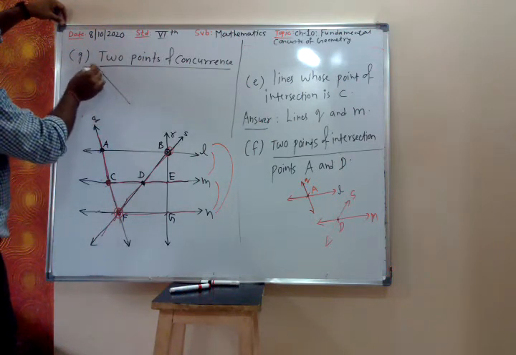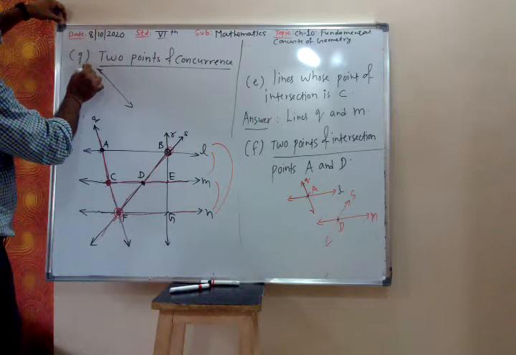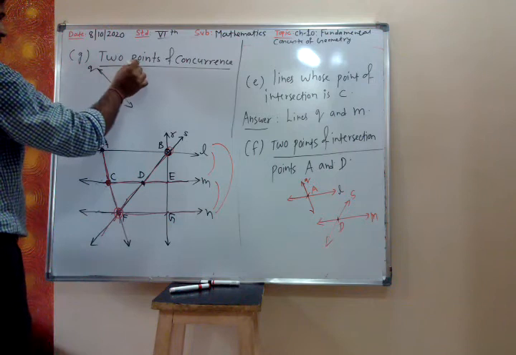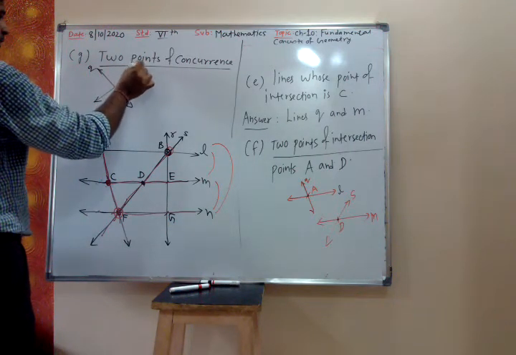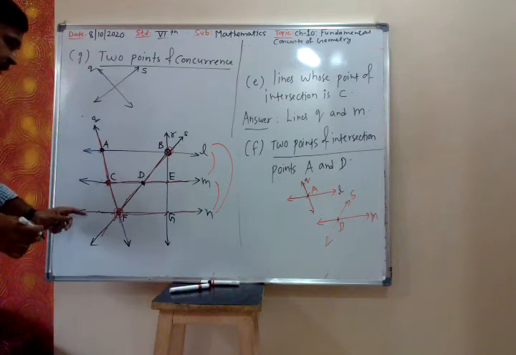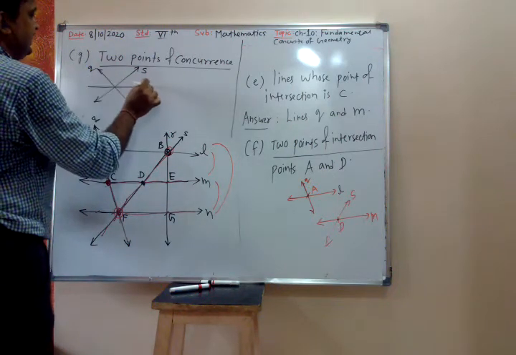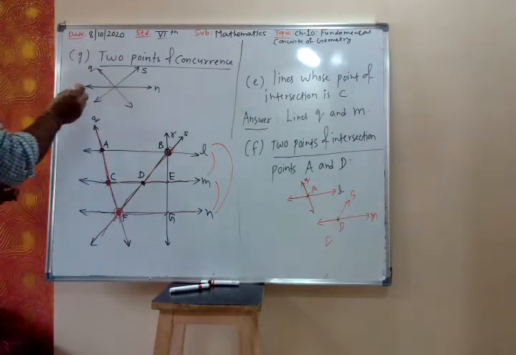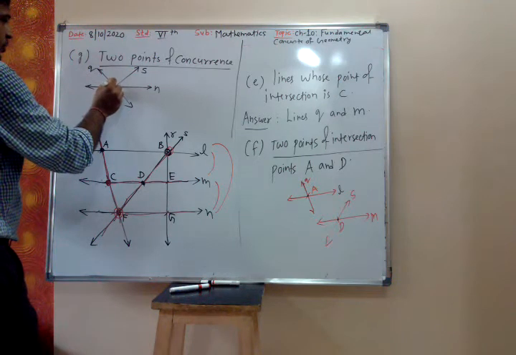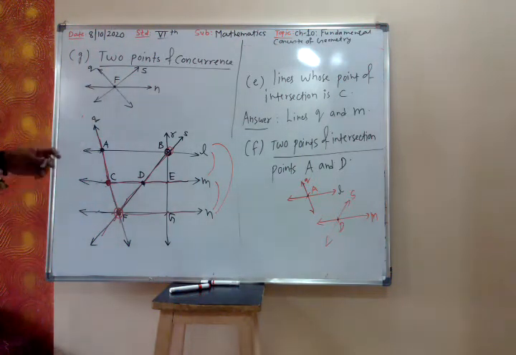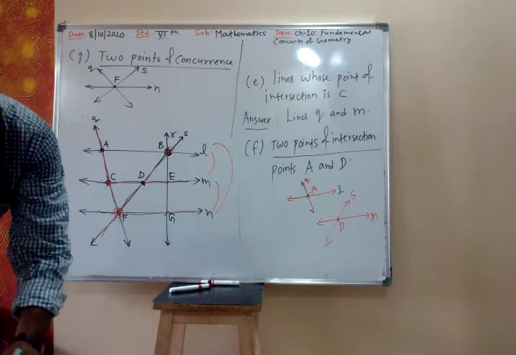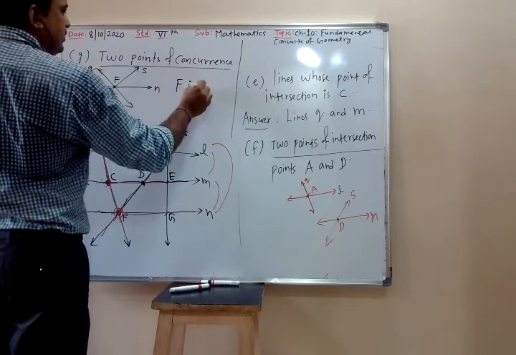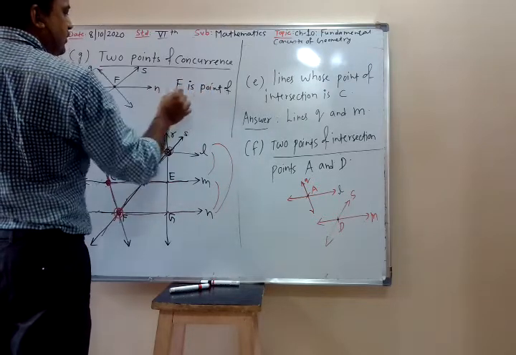One is line Q. Then this is my line S. Then there is line N. So these 3 lines, Q, S, N, they cut each other at point F. So F is a point of concurrence. Write that F is a point of concurrence.